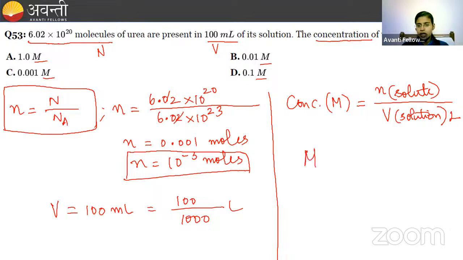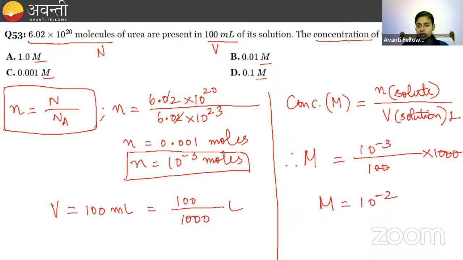Molarity is equal to 10 to the power minus 3 divided by 100 by 1000. The denominator of the denominator goes to the numerator, right? So if we cancel this out, we get molarity equal to 10 to the power minus 2.